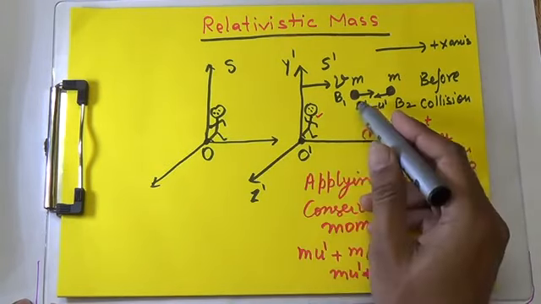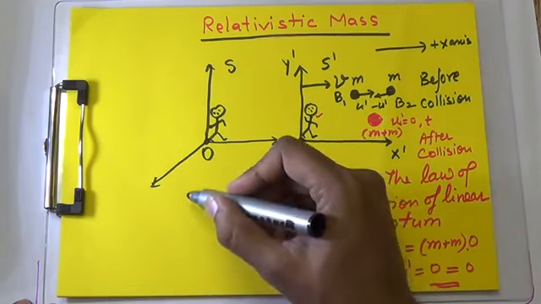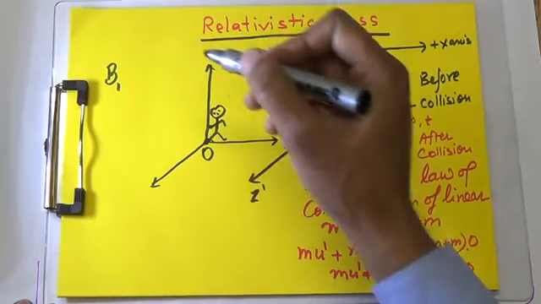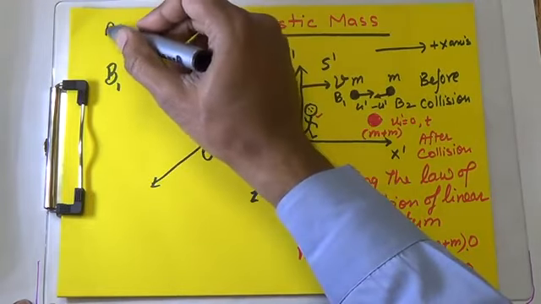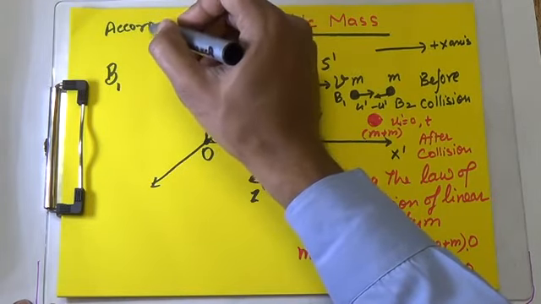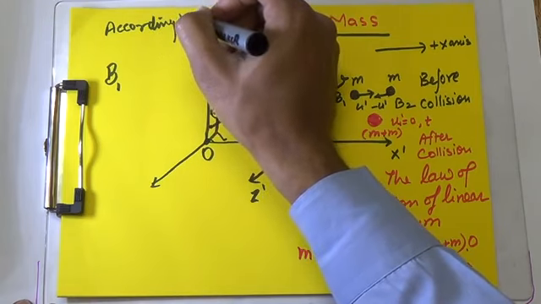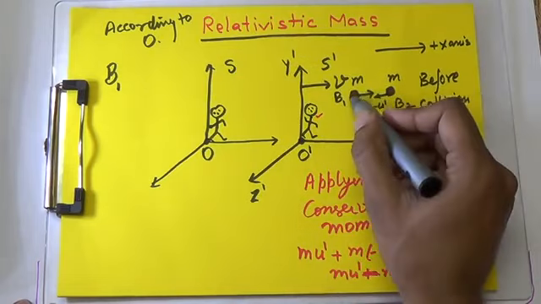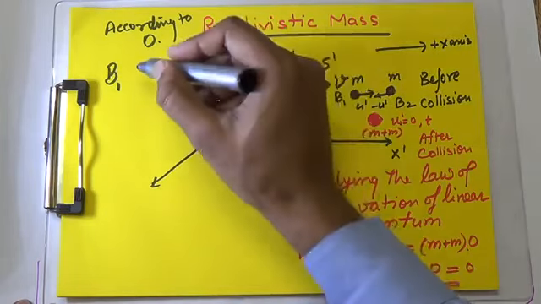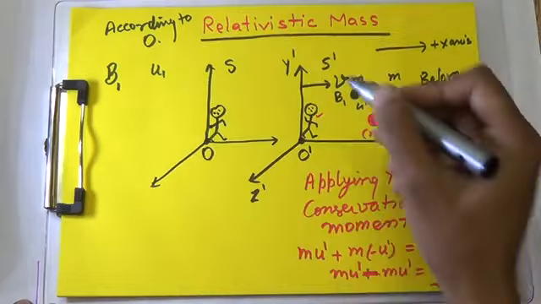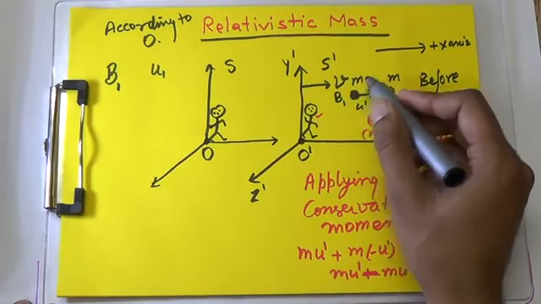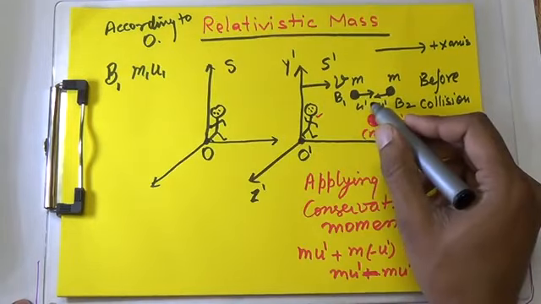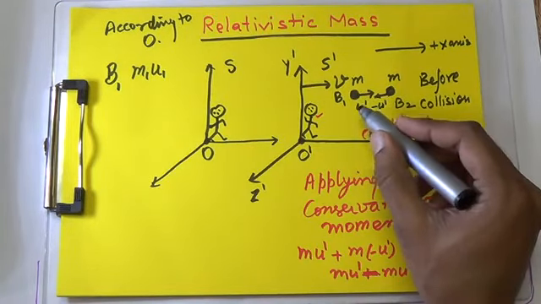For the ball B1, according to the O observer, its speed is U1 and mass, instead of this M, that is M1, because now we are considering that mass is changing due to the relative motion.